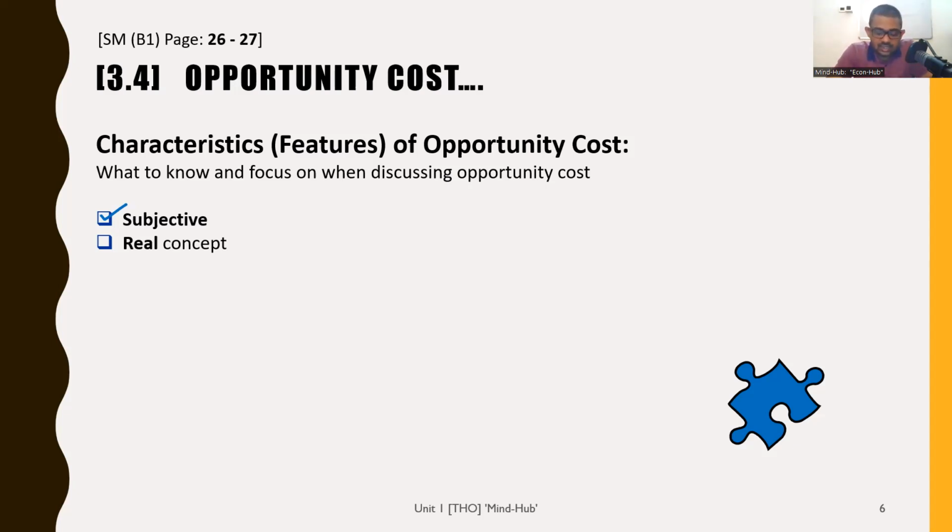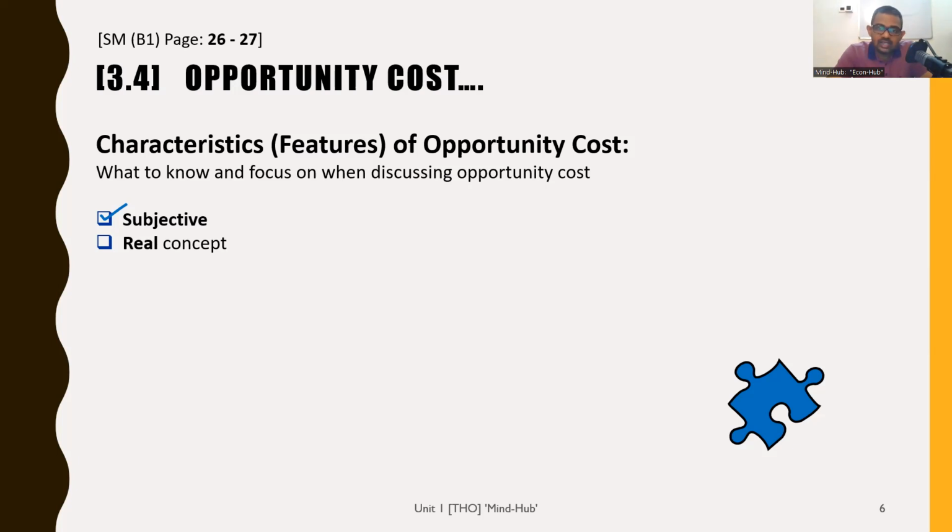Now, if I ask you in that example we had earlier, what is the opportunity cost of A choosing a fish bun and a pack of Milo?